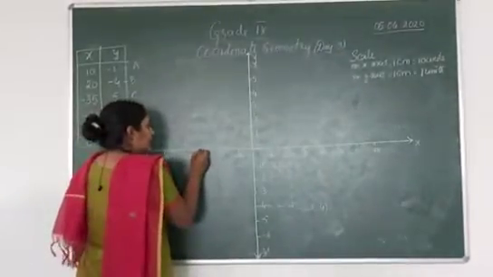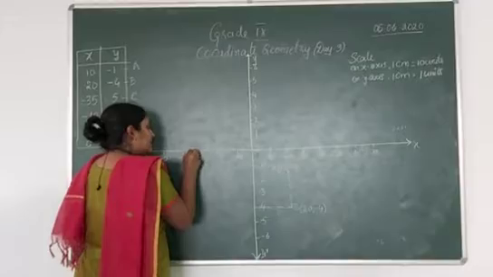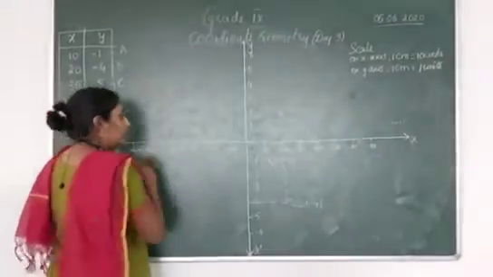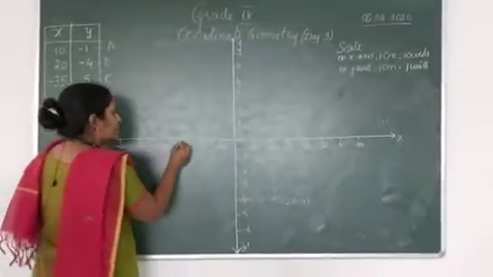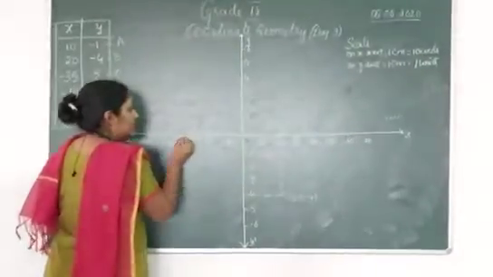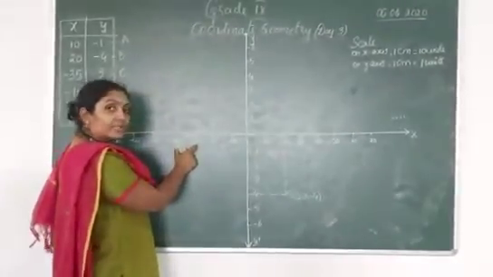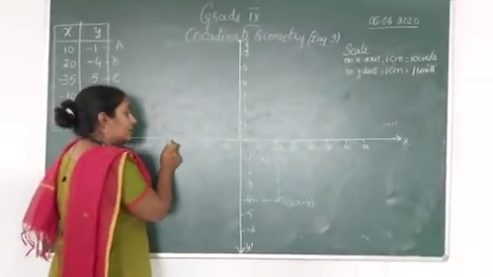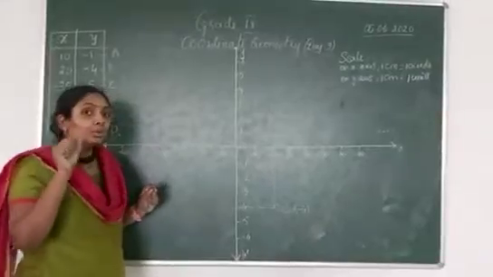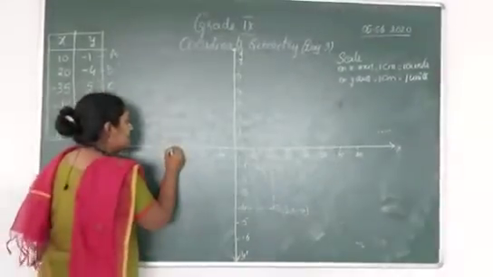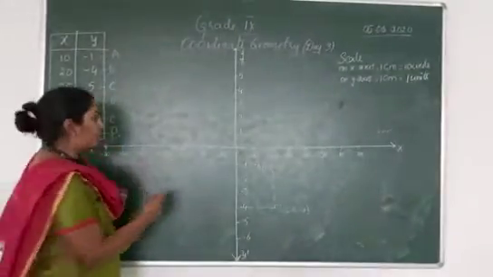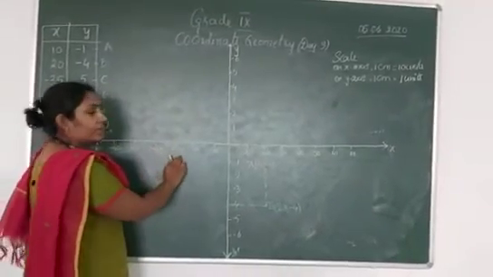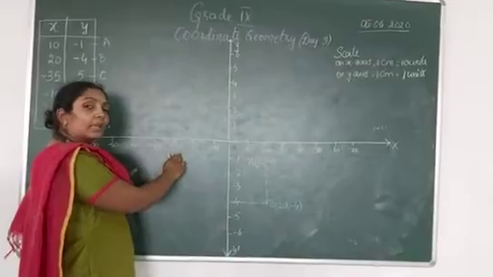So there will be 10 partitions in between any two main squares or the centimeter squares. Since I have taken the scale as 1 centimeter equal to 10 units, all the 10 partitions are nothing but 1 unit each, right? So when I say minus 35 here, I will go exactly to the midpoint, which is between minus 30 and minus 40.